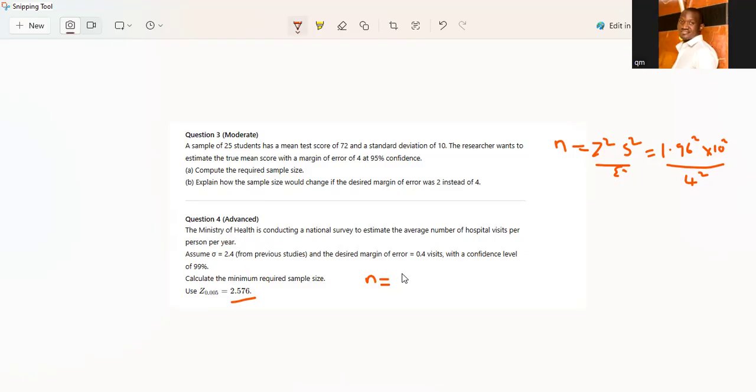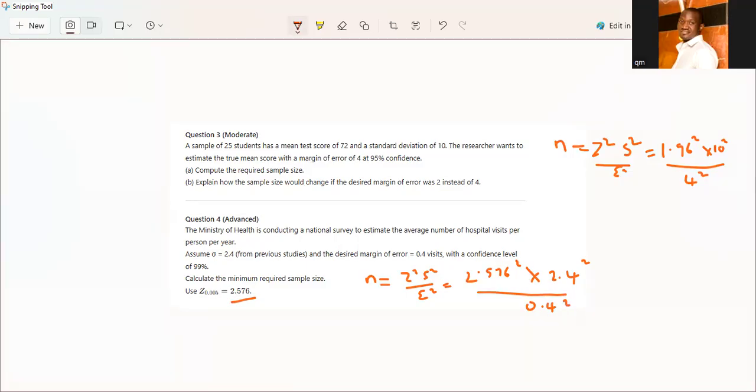So Z squared, sigma squared over E squared. Our Z is 2.576, our standard deviation is 2.4 squared, and our error is 0.4. Don't forget the square.